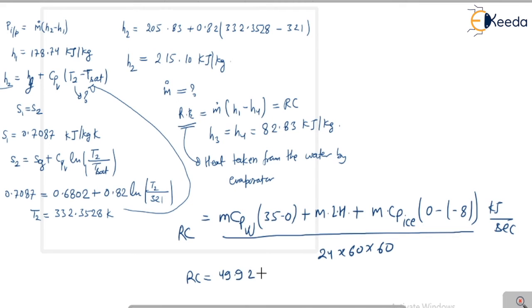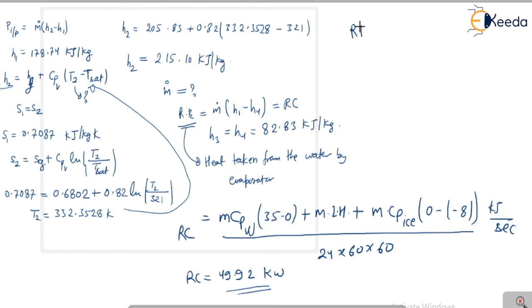The value of refrigeration capacity is nothing but 49.92 kilowatt. As per the question, 10% of this heat is transferred from the surrounding to the brine. That means we also have to add this 10% to the refrigeration effect.